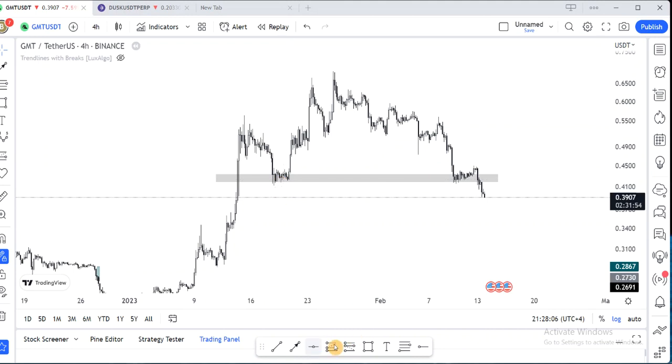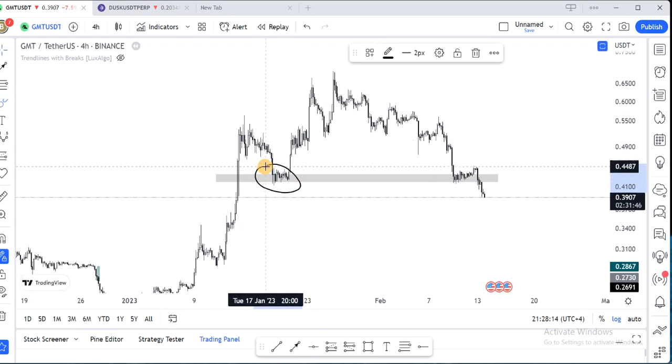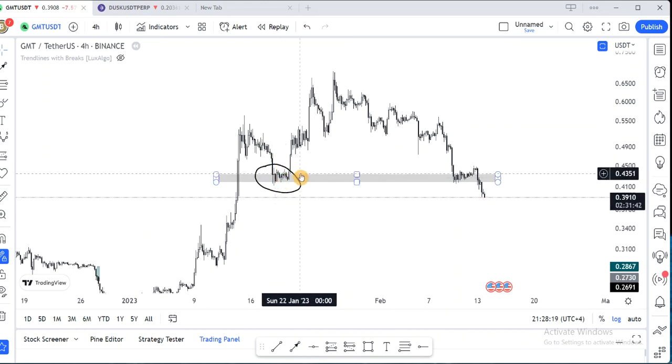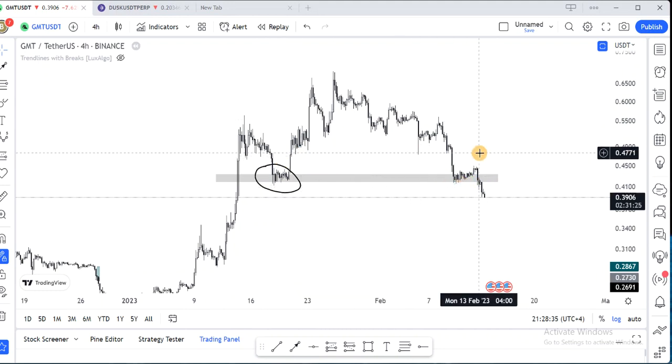When this thing happened here, this area was not called support. Rather, we just knew this was an area of bouncing, just a bouncing point. We didn't call this place a support at first.